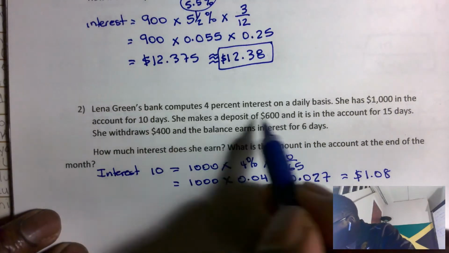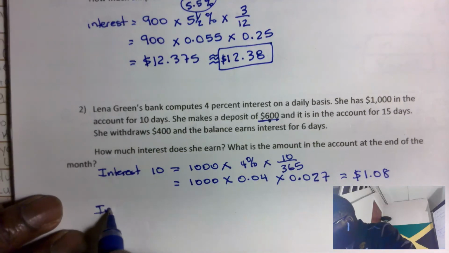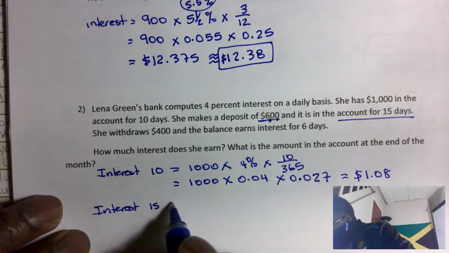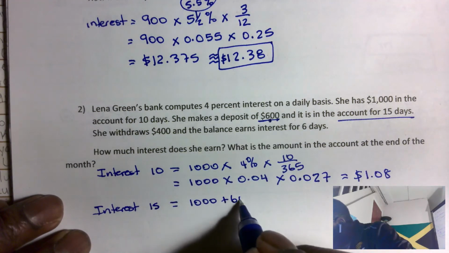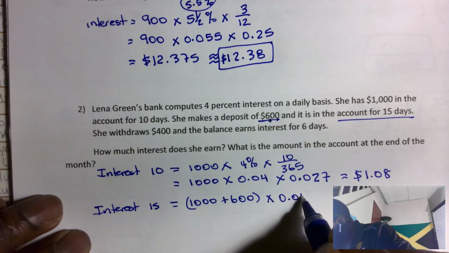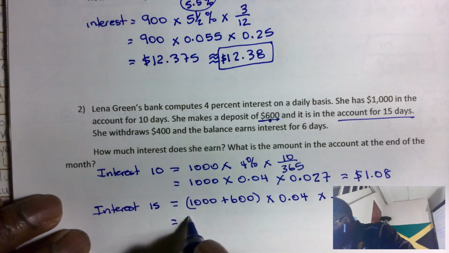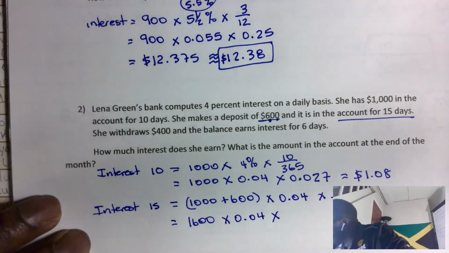It says she made a deposit of 600. That means she added an extra 600. So interest for 15 days is equal to 1,000, which was my original amount, plus this 600, times the same 0.04, and this time it's going to be 15 over 365. So this is 1,600 times 0.04 times 15 divided by 365.